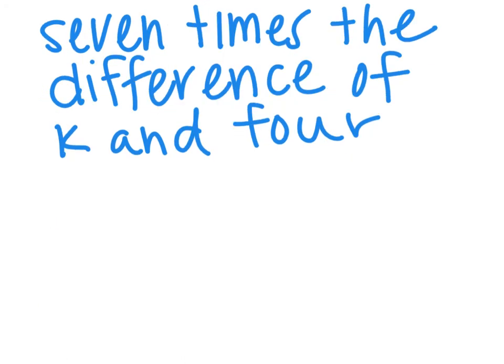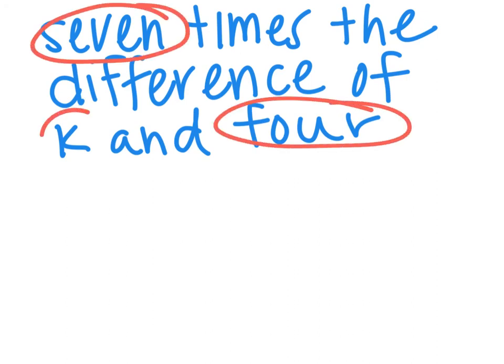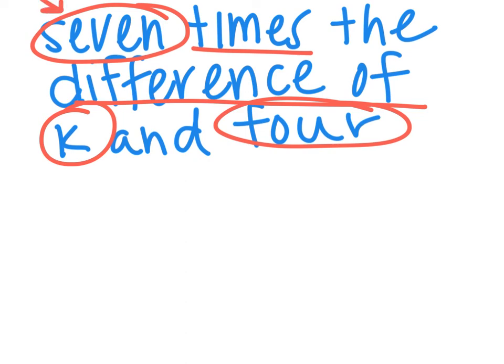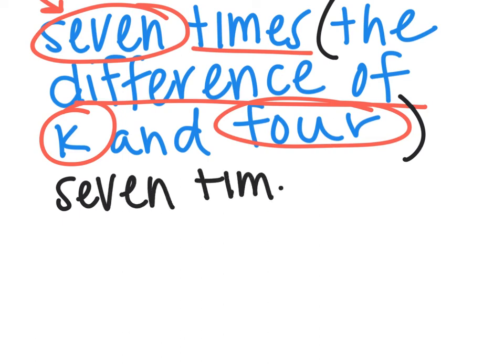Here's another example where we have a couple different operations. I see the number 7, I have 4, a variable, then I have times and the difference of. So 7 times something. So I always start with whatever comes first. So I think of the second part as a group. So I have 7 times something, whatever I have there in parentheses.